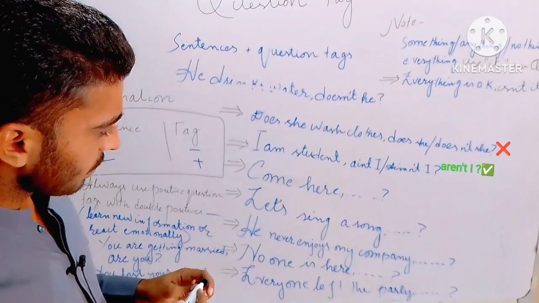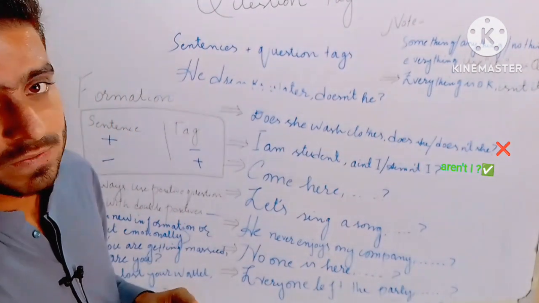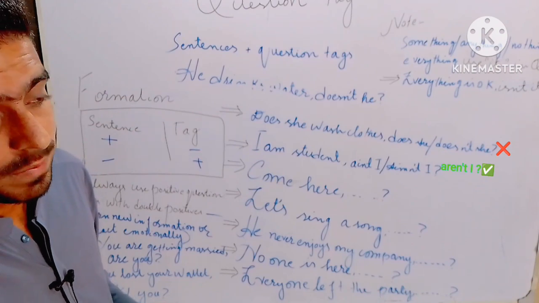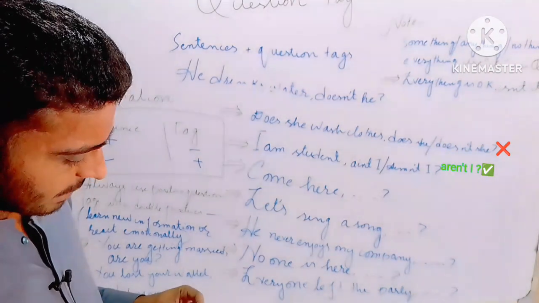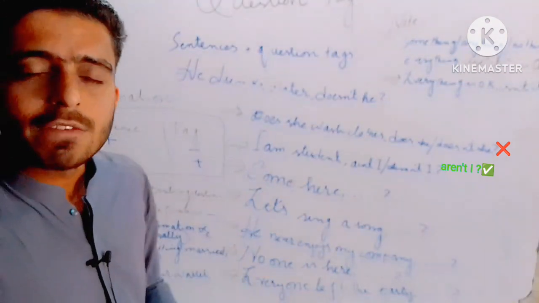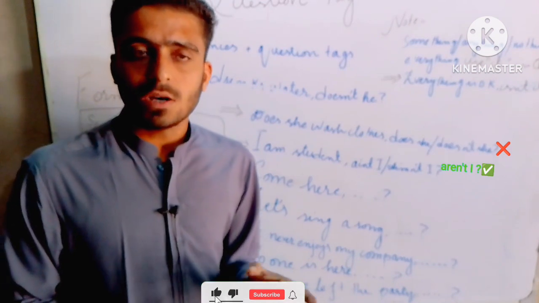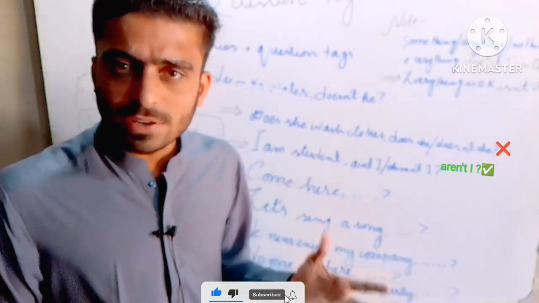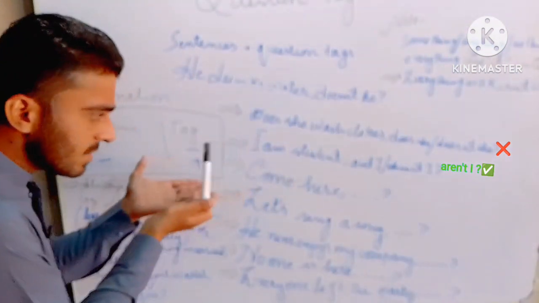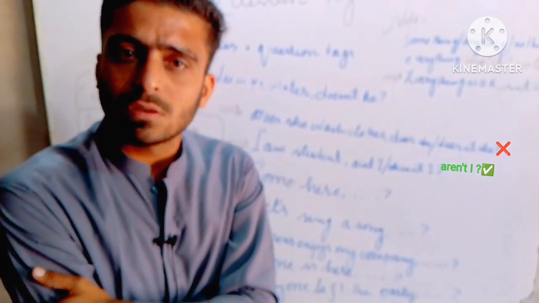After that, I told you that mostly we form question tags for positive and negative sentences, meaning affirmative and negative assertive sentences. But here we are given an imperative sentence. How is that possible? If there is no subject in the sentence, which type of tag are you going to use?